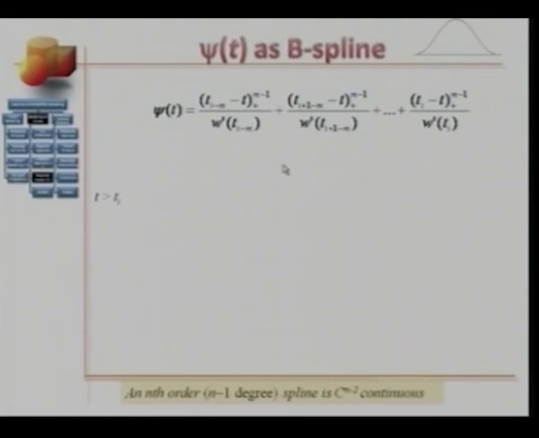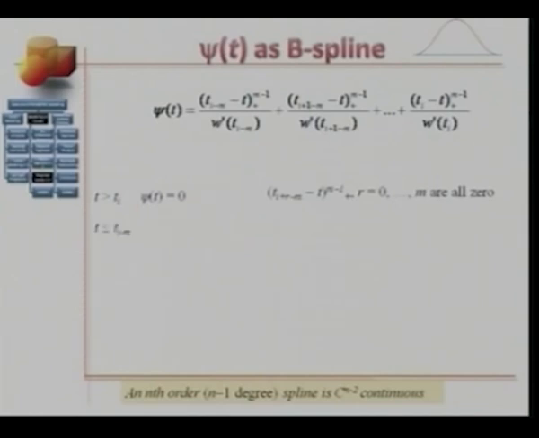So for t greater than t_i, psi t is 0, and that is because (t_(i plus r minus m) minus t) truncated raised to m minus 1, for r going from 0 to m, are all 0. This is because each of these terms become negative, and it's because of this truncated sign here that all these terms individually become 0.